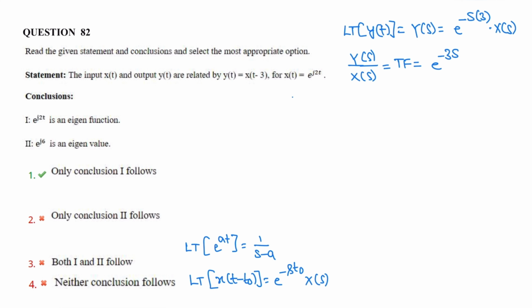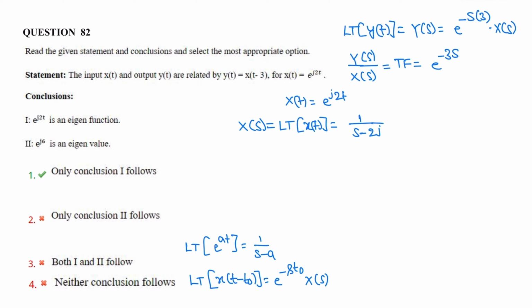Also x of t is given, x of t is e power j2t. The Laplace transform of x of t, that is X of s, is the Laplace transform of e power j2t, that is 1 by s minus 2j, since e power at gives 1 by s minus a. Now from this, the transfer function is e power minus 3s.